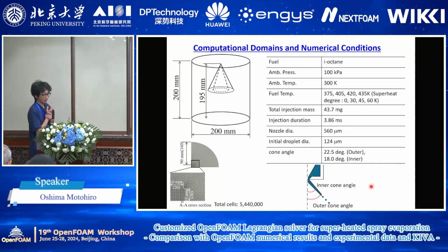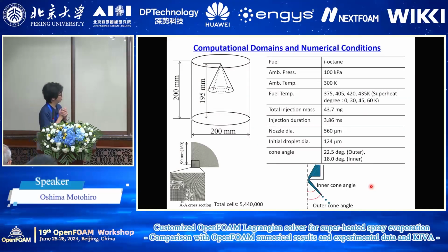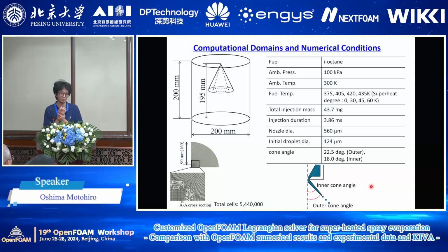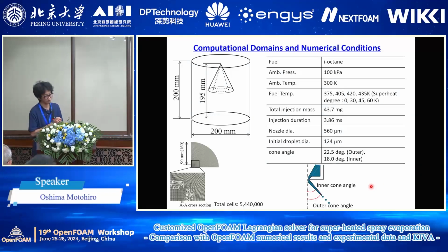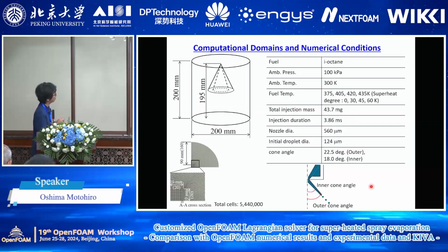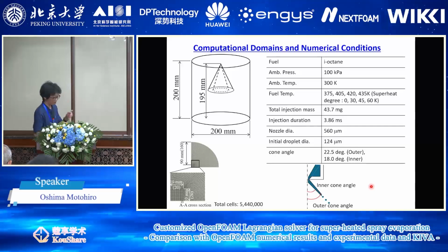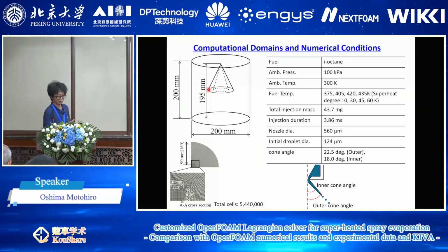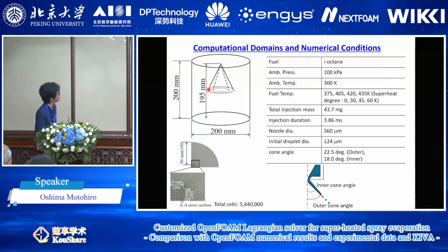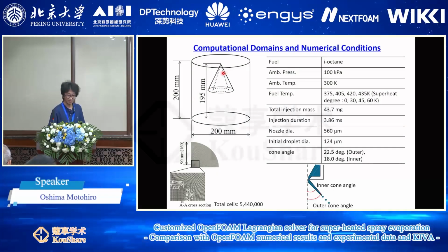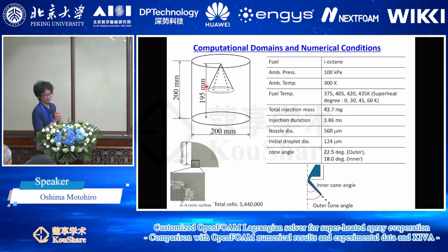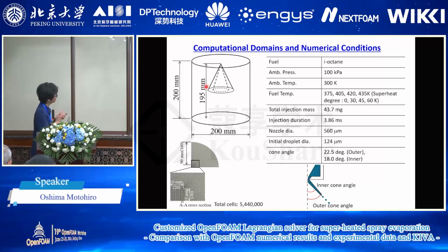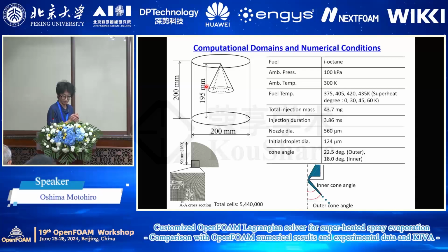Next, this slide shows the computational domain and numerical conditions. The domain is a cylinder with a diameter of 200 millimeters and a height of 200 millimeters. The injection point is 195 millimeters from the bottom.